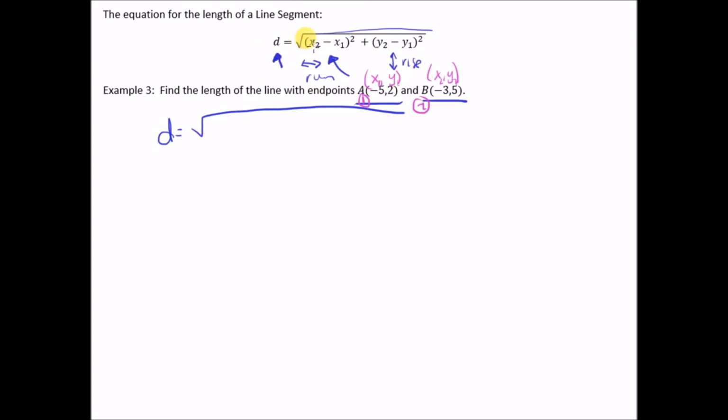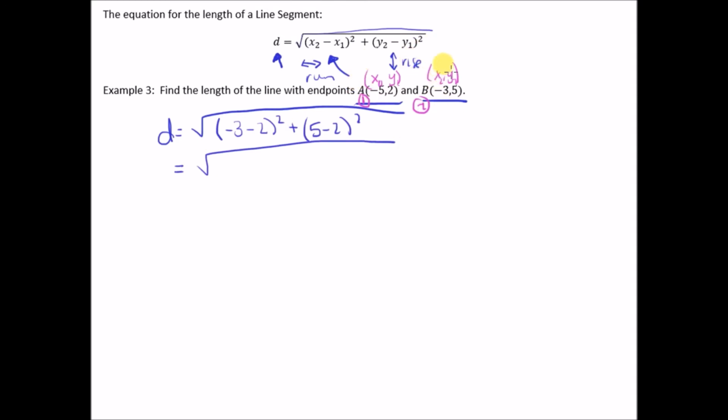Okay, so let's subtract x2 minus x1. So negative 3 minus 2. Negative 3 minus 2. And square that. And now the difference in the y's. 5 minus 2. And just like how I have said before for slope, we just have to be consistent, okay?